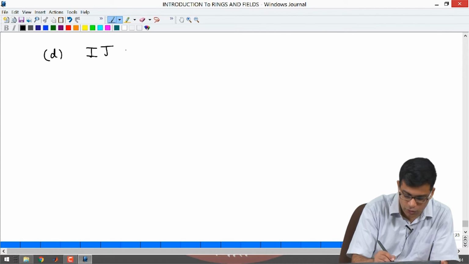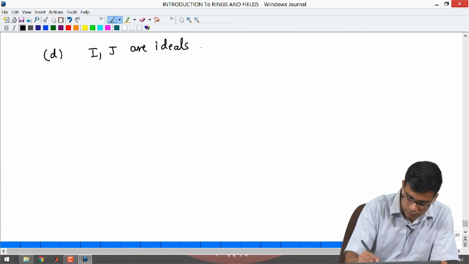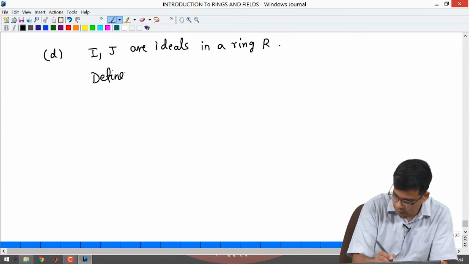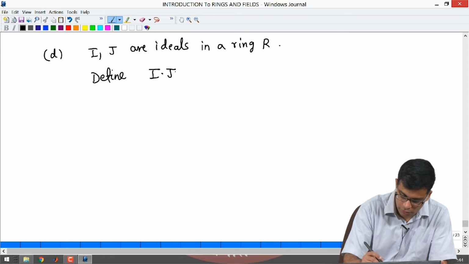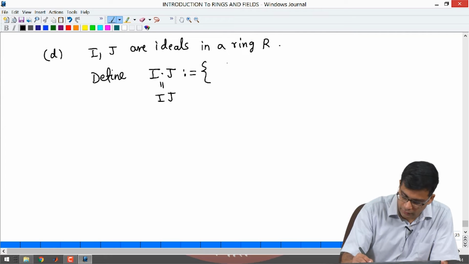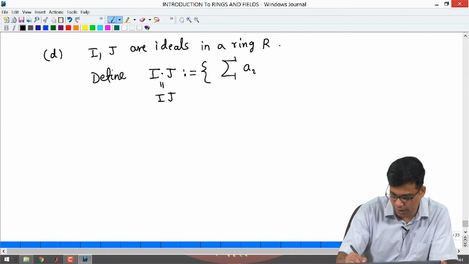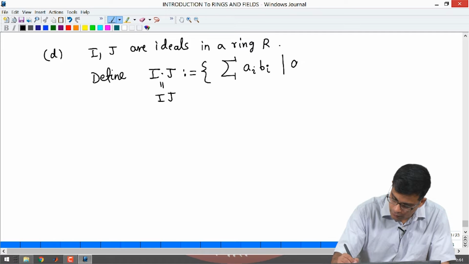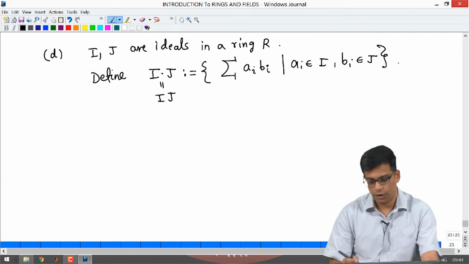The setup is as before: I and J are ideals in a ring R. We define I times J, which I usually just write IJ, to be the set of sums of this form, a_i b_i, where a_i is in I, b_i is in J. This is a finite sum.